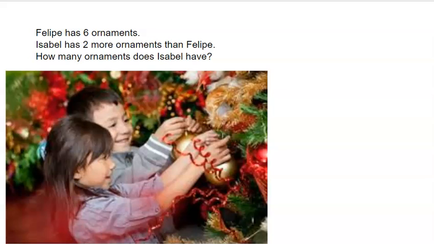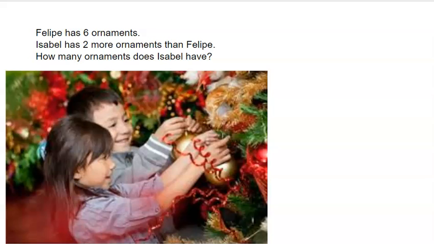So, Felipe has some ornaments, but Isabel has some more ornaments than Felipe. So who has more ornaments? That's right. Isabel, we know, has more ornaments than Felipe. How do we know that?